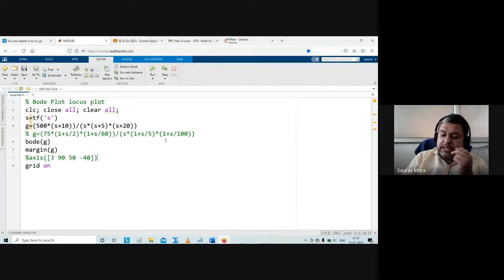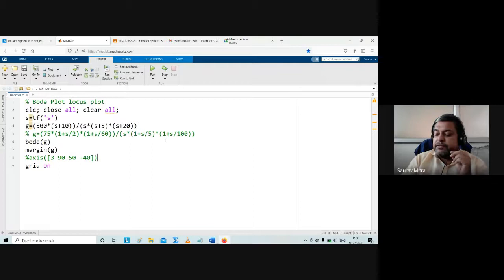So how much will be the dB gain? Can anybody comment? So this is 500 into 10 divided by 5 into 20. The net gain is coming to be 50.